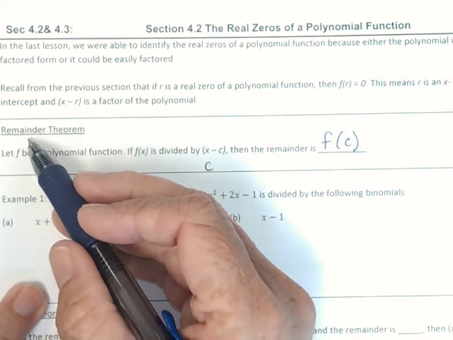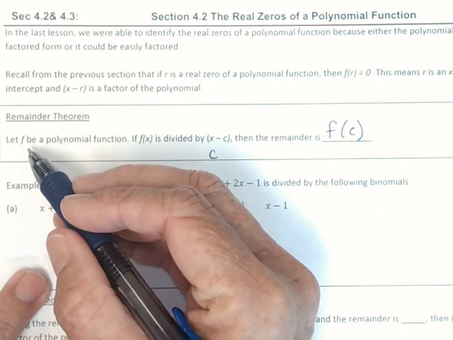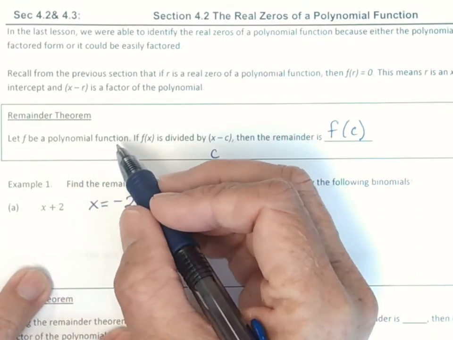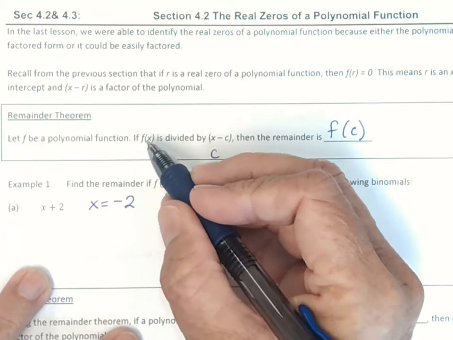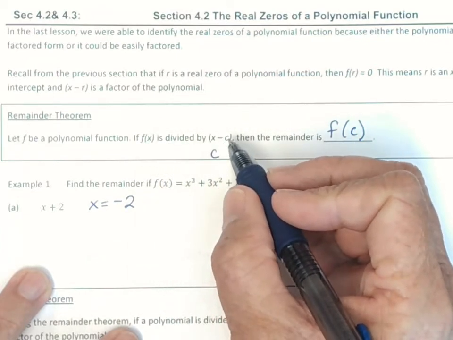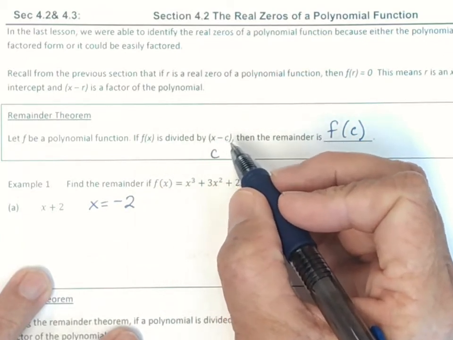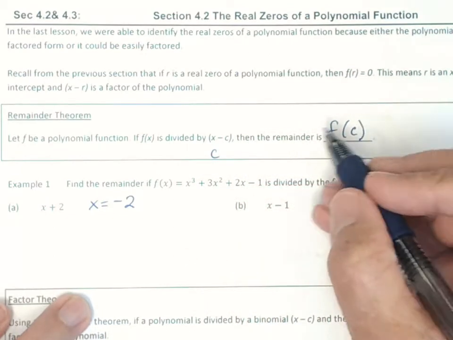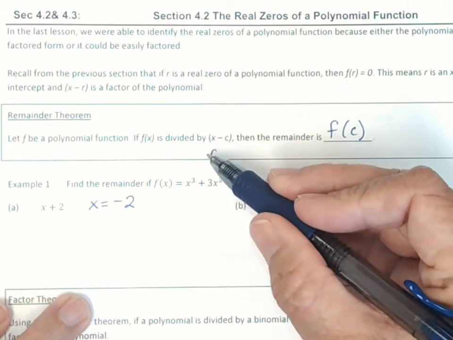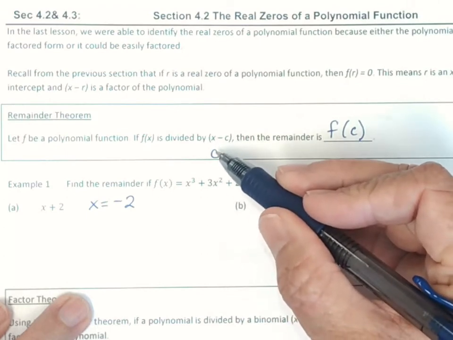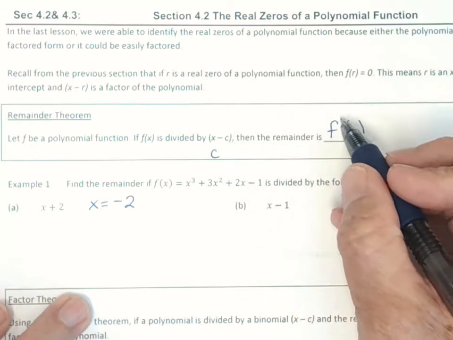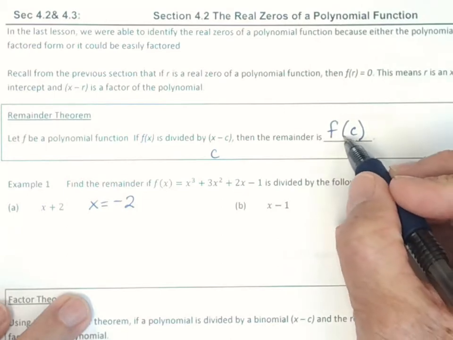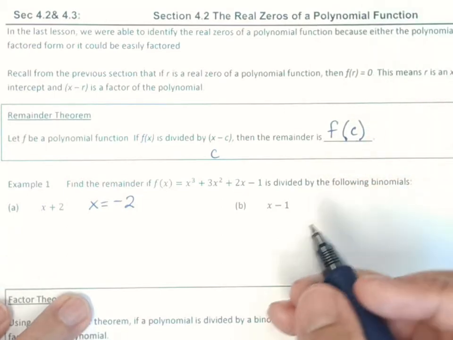So now our remainder theorem says that if we take a polynomial function f and divide it by x minus c, or in other words, you factor it by this, the remainder is going to be f of c. So in other words, that value that you're trying to check, if you put that into the function, f of that value tells you what the remainder is.